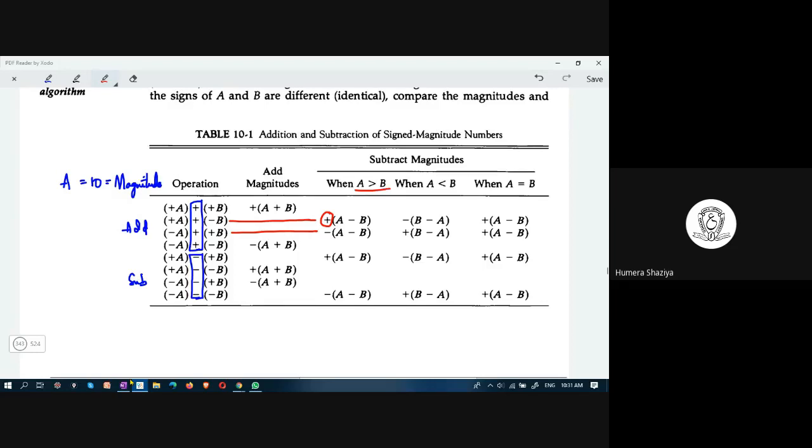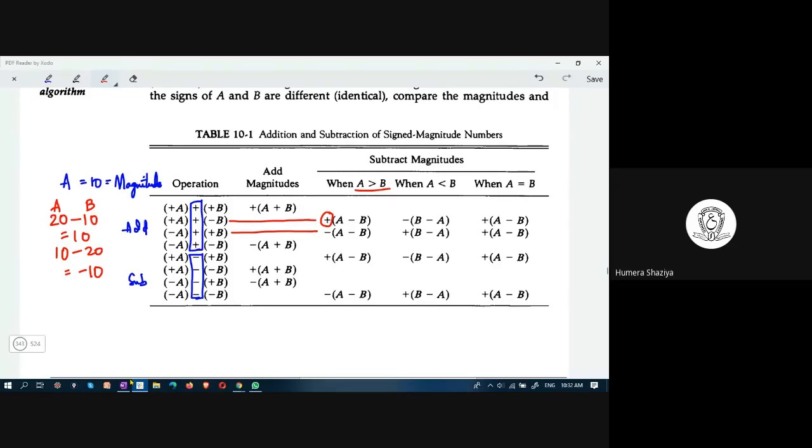If the magnitude of A is greater than B, if it is 20 minus 10, then the result will be plus 10. If it is 10 minus 20, the result would be minus 10. So consider this to be A and this other number to be B. When A is greater than B, the sign is plus, and when A has minus sign, if A is positive and greater, you get a positive result.